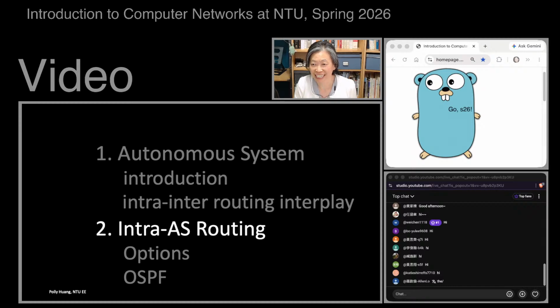All right, so that video is very important, right? As Polly said, the intra-AES routers don't do inter-AES routing, but they still need to know these AES paths to the domains out on the internet.